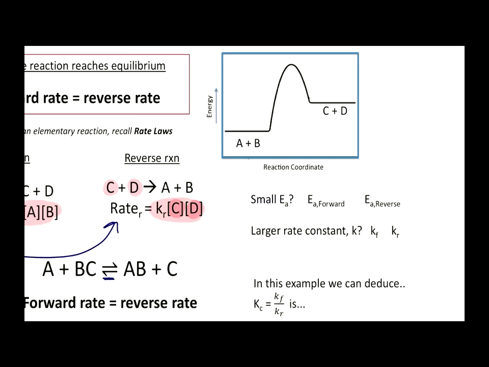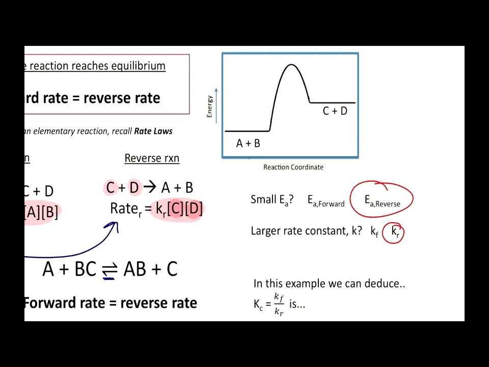We're going to try to figure out: is K, the equilibrium constant, a big number or a small number? Tell me, in which direction is there a small activation energy, forward or reverse? Reverse. Okay, perfect. So what does that tell you about the rate constants? The reverse should be faster, right? Or the rate constant for the reverse reaction is larger.